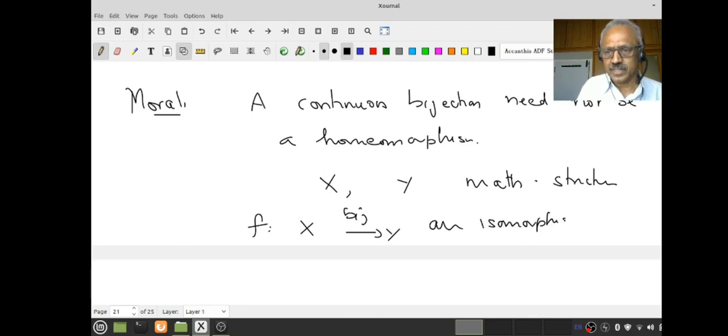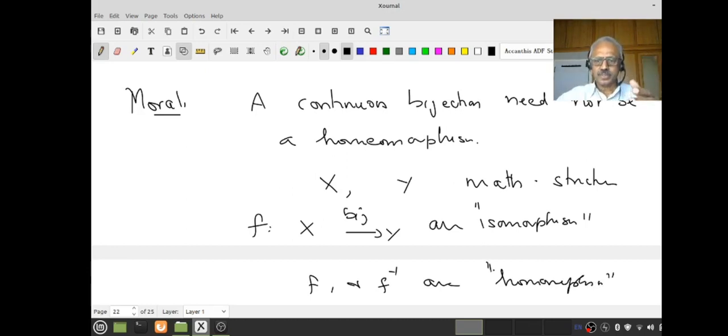That's a general word I use, if both f and f inverse are homomorphisms. If x and y are groups, I want f and f inverse to be homomorphisms. It must be a bijection so that f and f inverse are homomorphisms.